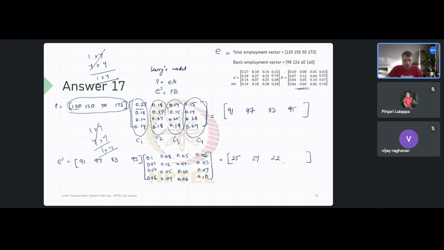Let's take it as 22. Let's go for the last. Here also we are doing column-wise C1, C2, C3, C4. Now we have to do the last column. 83 into 0.07 plus 9, 20.95. So that is 21.